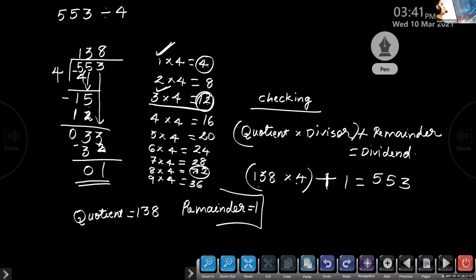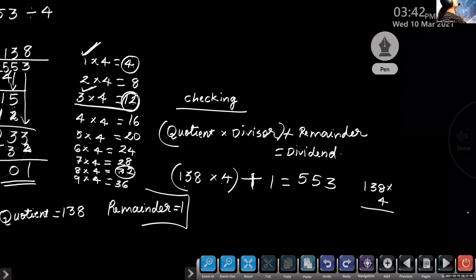We cannot spend much time on multiplication. I will help you do 138. 8 fours are 32. 2 here. 3 fours are 12, plus 3, 15. 5 here, 1 balance.